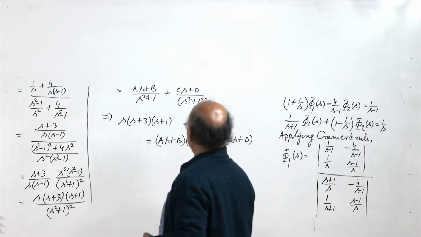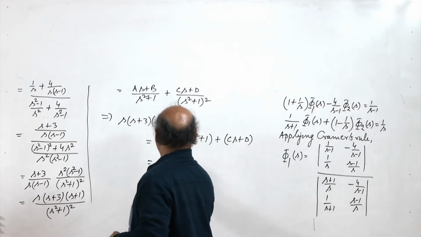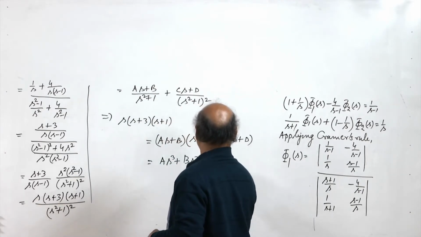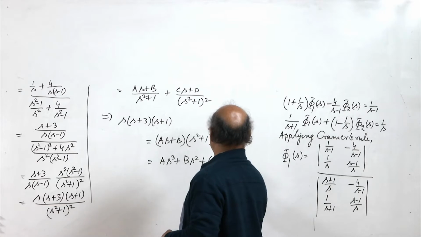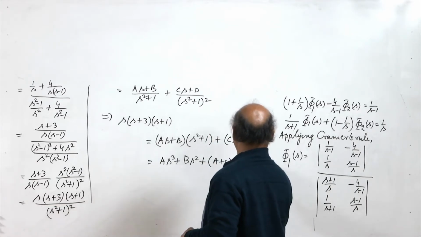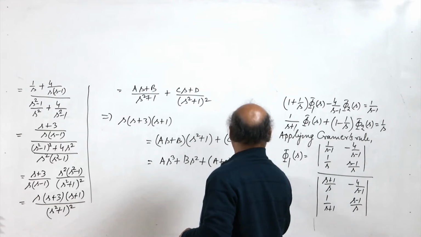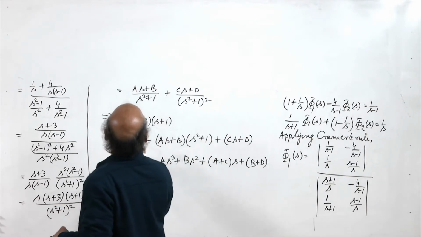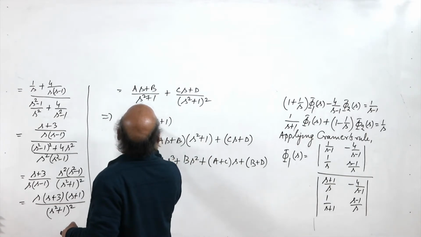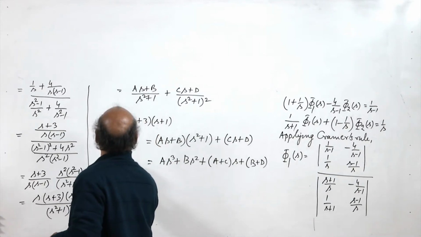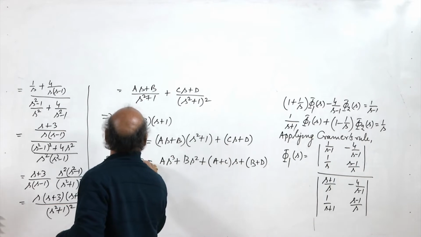Let us multiply. So we get here as cube plus bs square plus as plus b plus cs plus d. So a plus c into s plus b plus d. In the left hand side what we will have, this is s square plus 3s plus s cube plus 4s square, so s cube plus 4s square plus 3s.